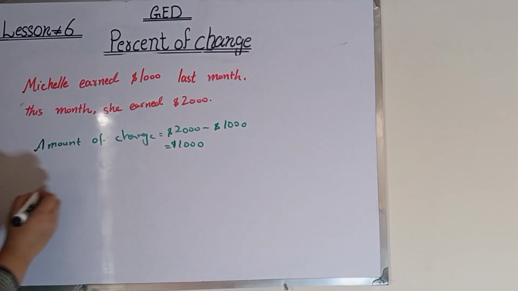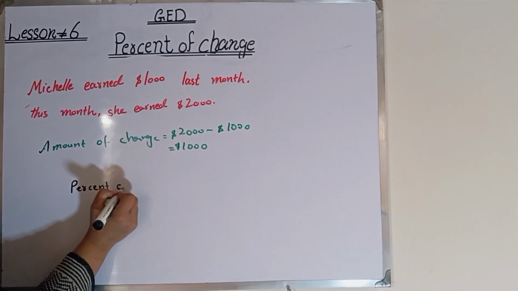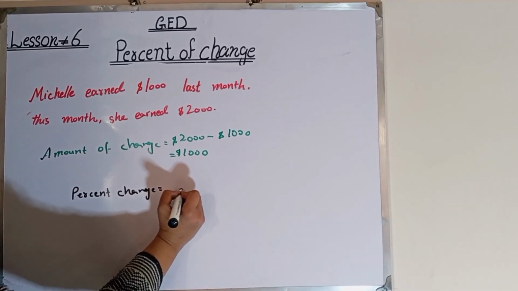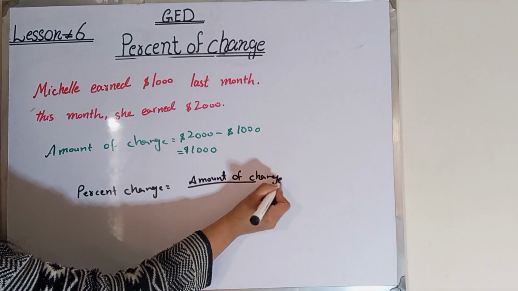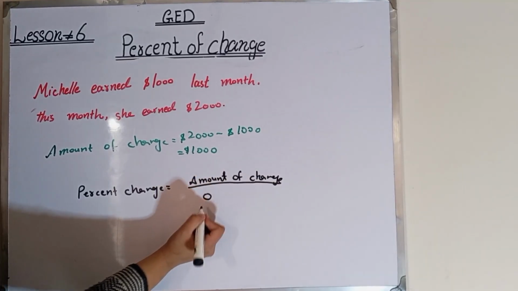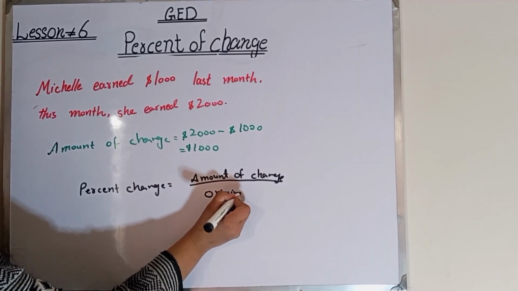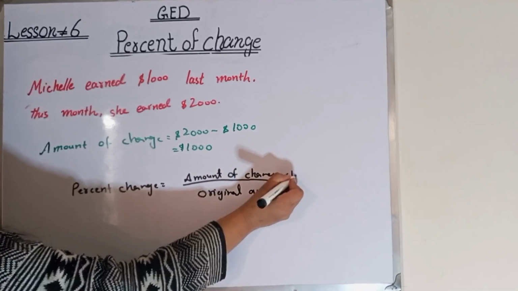Our formula is percent change equal to amount of change divided by original amount, multiplied by 100.